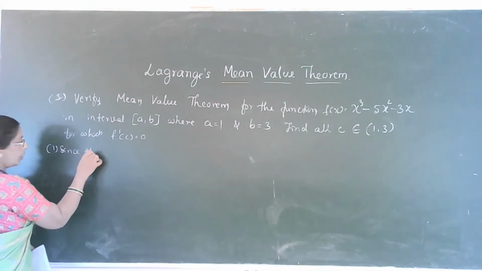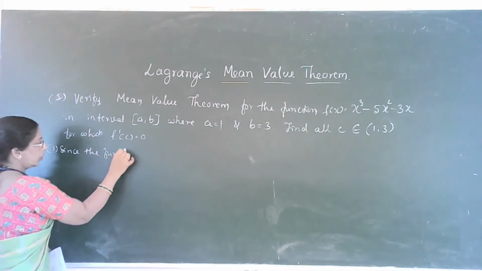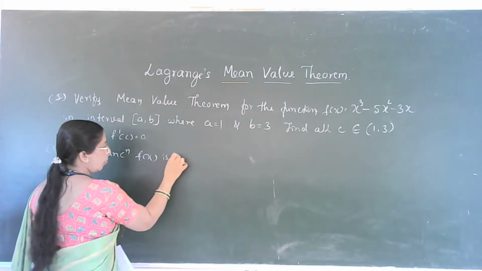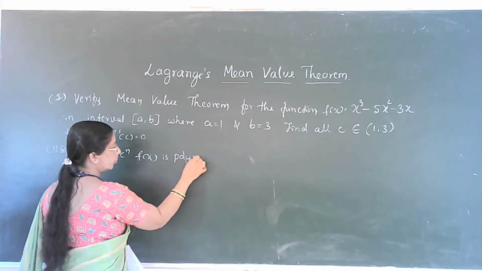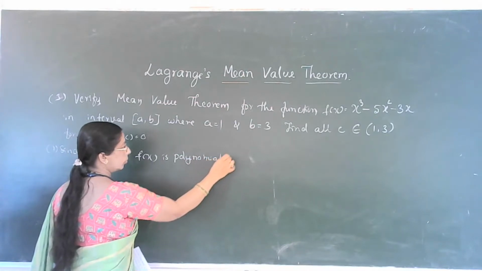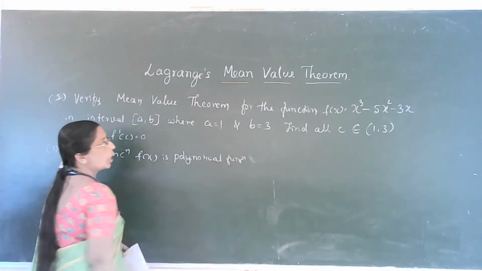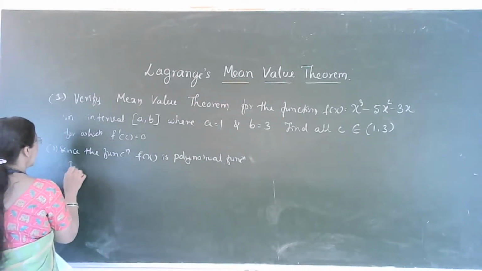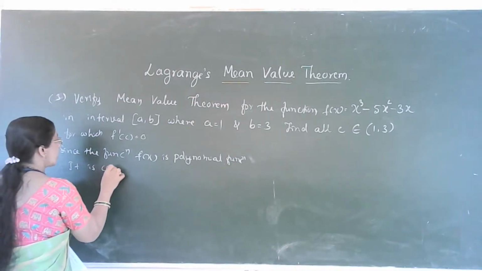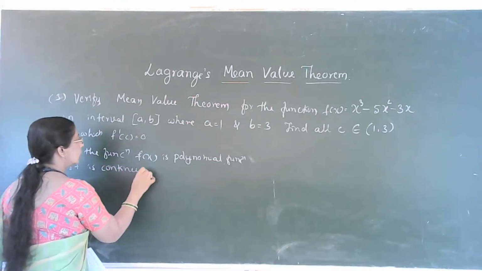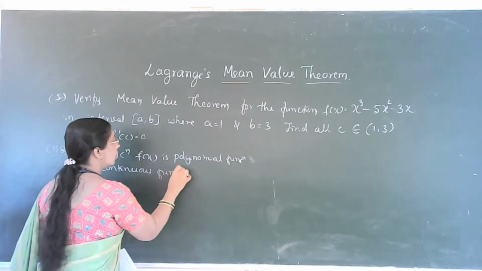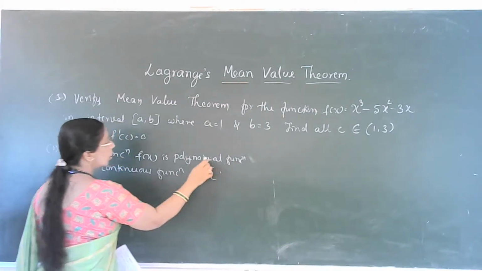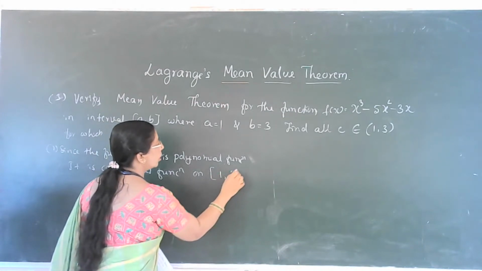Since the function f of x is a polynomial, x cube minus 5x square minus 3x, it is a continuous function on the closed interval [1, 3].